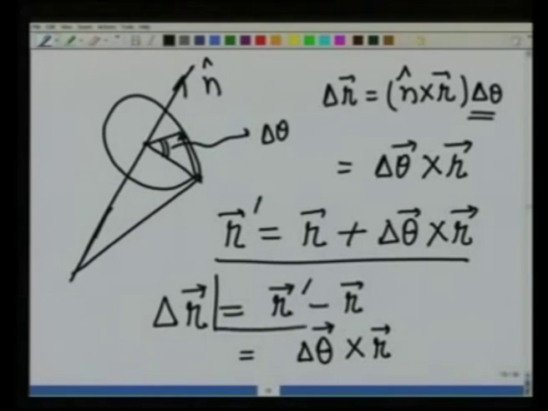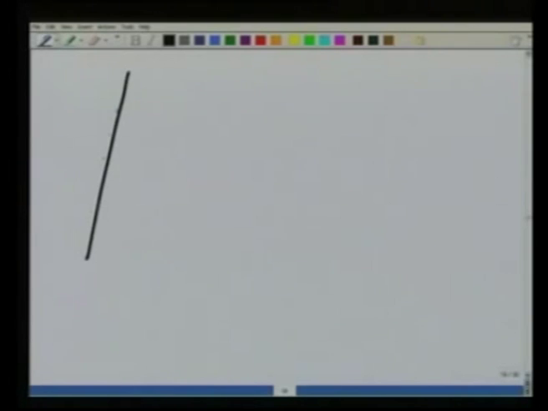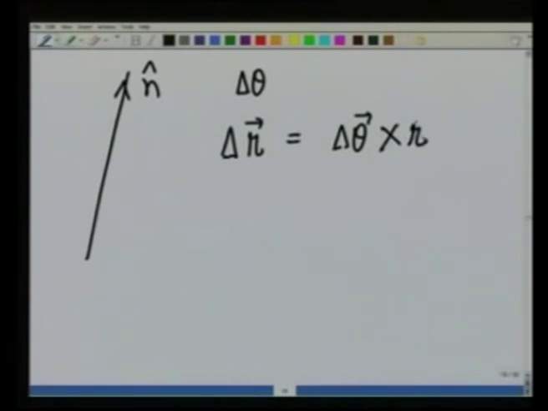This is an absolutely general result. Although I have written here taking r as a vector, this could in general be any vector a. The change would still be this. So, this is the first general result we get, that for a rotation about an axis pointing in direction n, a small angle delta theta rotation gives rise to change delta r equal to delta theta cross r.